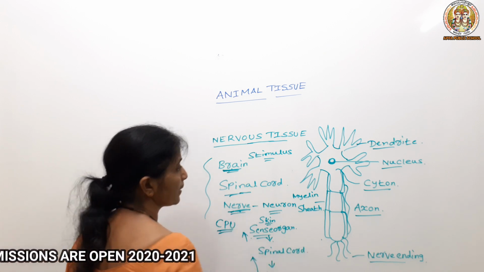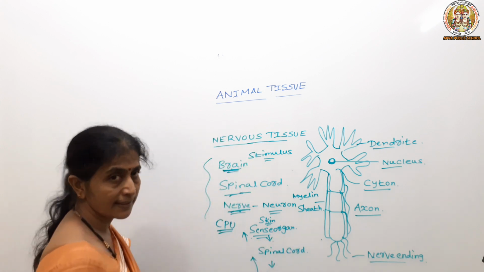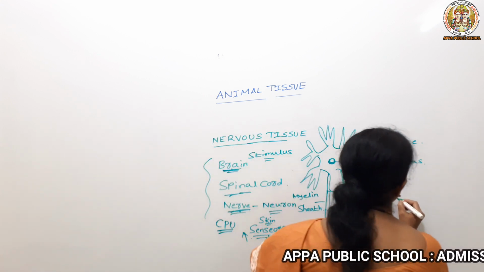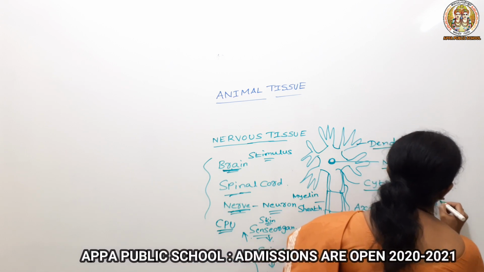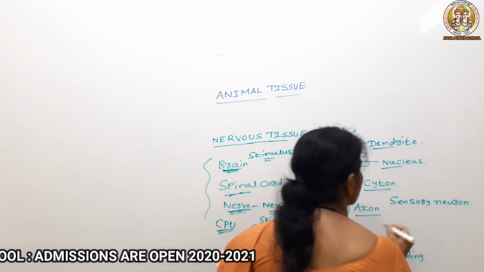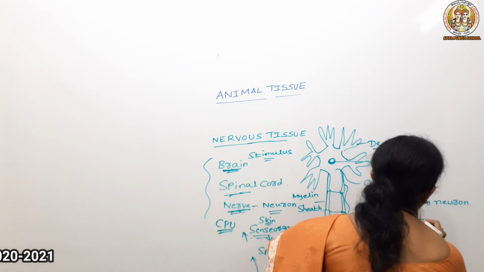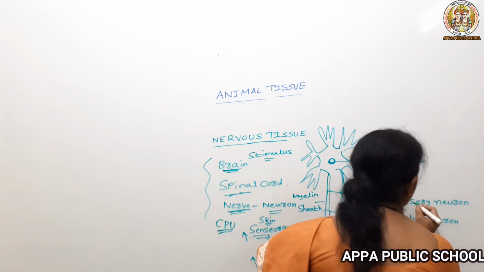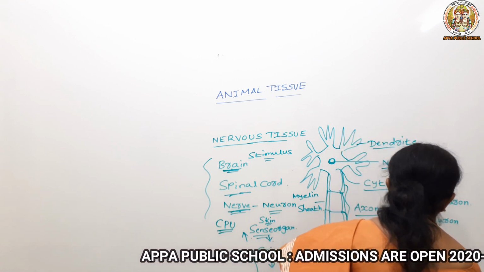And there are three types of neurons present. You will be studying them in 10th standard, but I will tell the names. That is the sensory neuron, which is present in the sensory organs. Then the relay neuron, which takes the message from the sensory neuron, then the motor neuron.